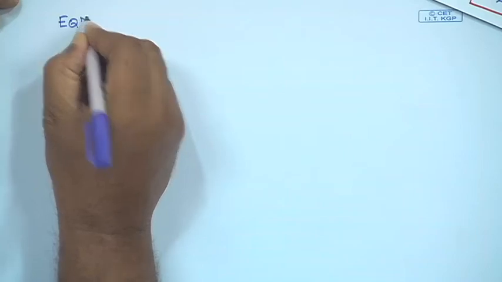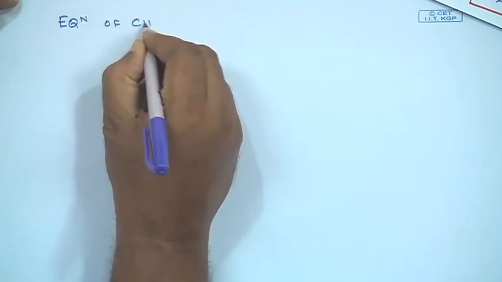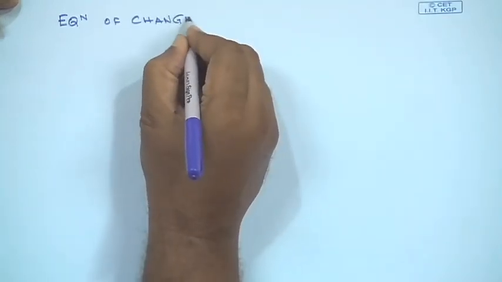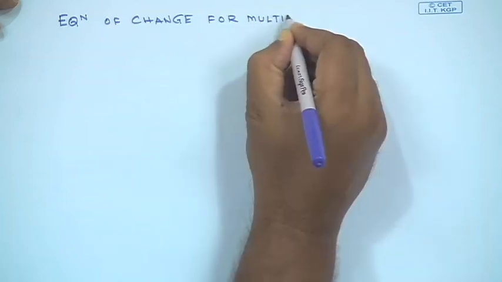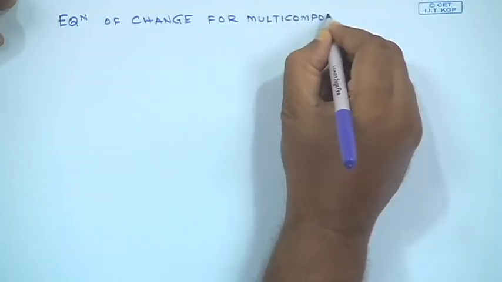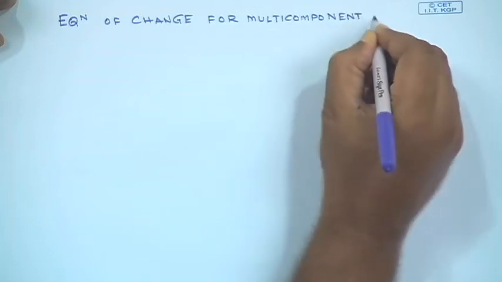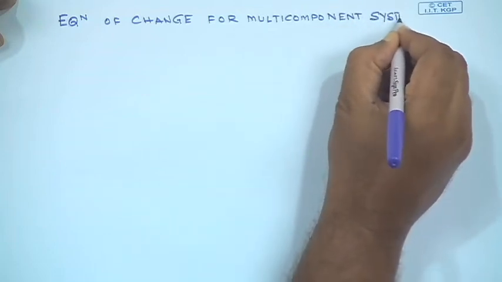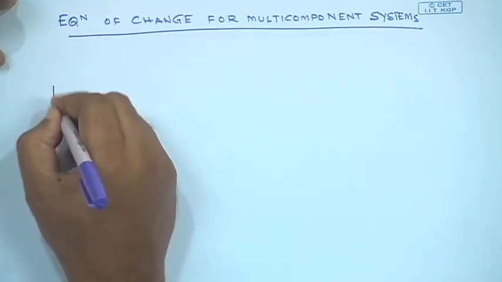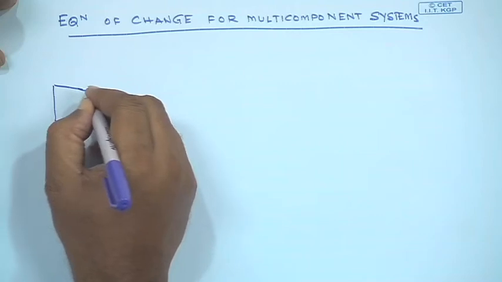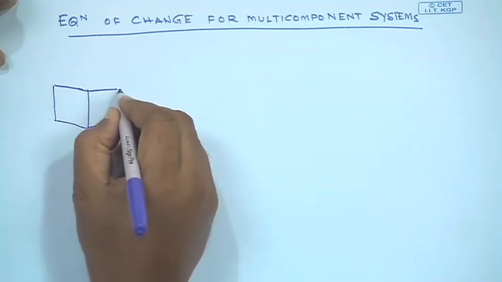So, what we are doing is the equation of change for multi-component systems. And for that, I am not going to draw everything here because we have done it extensively for other cases.